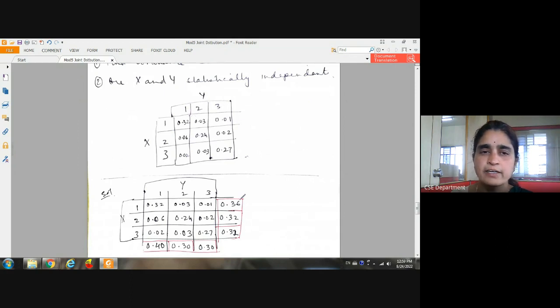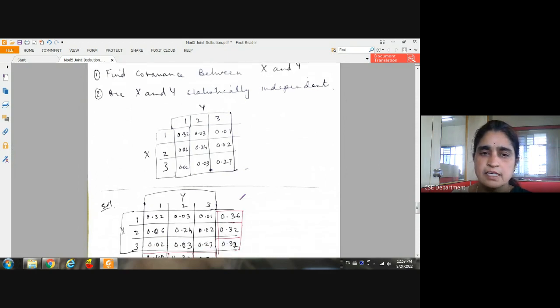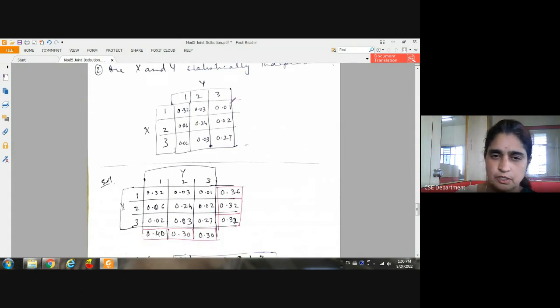So how do you find whether they are statistically independent? First, of course, covariance. Whether they ask in the exam to find covariance, you have to calculate the marginals and write the marginal tables. Even if they simply ask to find if it is statistically independent, you have to write the marginals table. So you have to find the marginals.